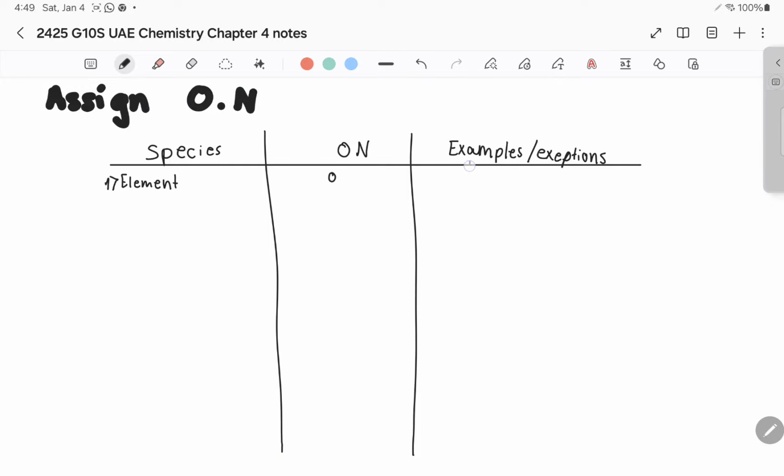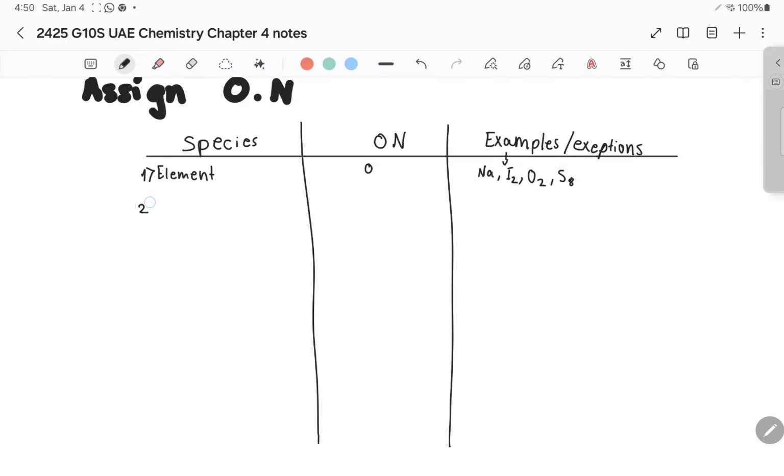Some examples are sodium, Na, I2. It doesn't matter what the subscript is, by the way. Even if you have a subscript, you don't look at it. If it's just one element or one capital letter, it has an oxidation number of 0. I2, O2, S8, all of them, oxidation number 0.